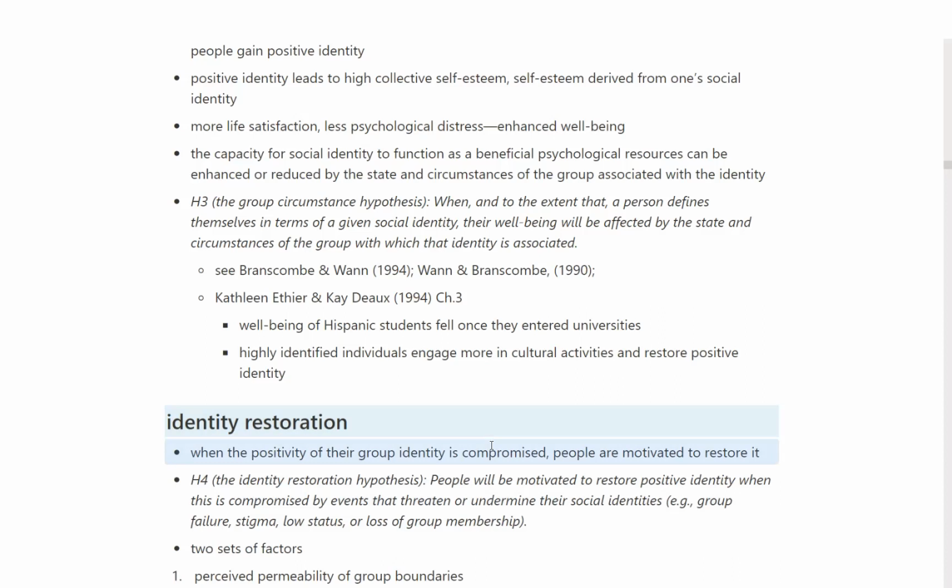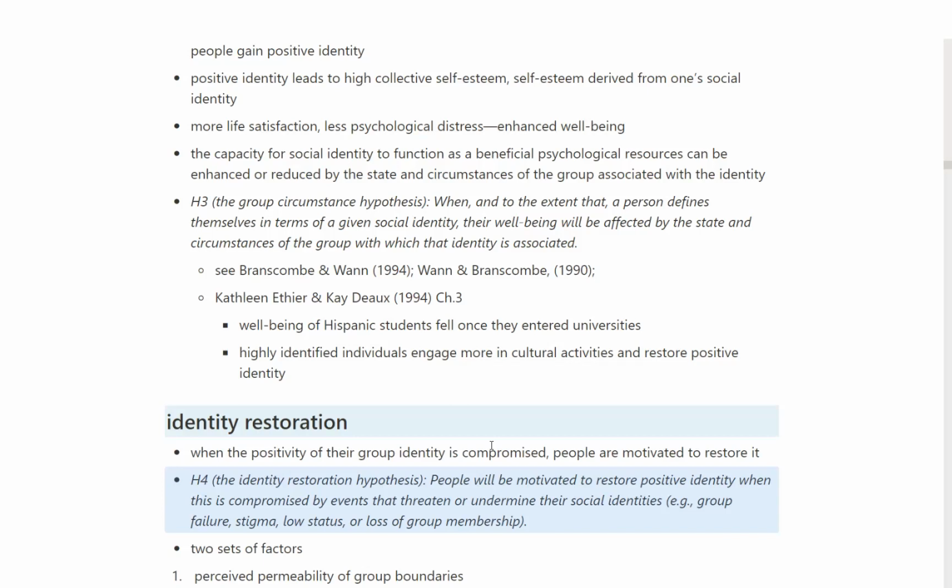This statement can be formed as the following hypothesis. Hypothesis 4, the identity restoration hypothesis. People will be motivated to restore positive identity when this is compromised by events that threaten or undermine their social identities, such as group failure, stigma, low status, or loss of group membership.